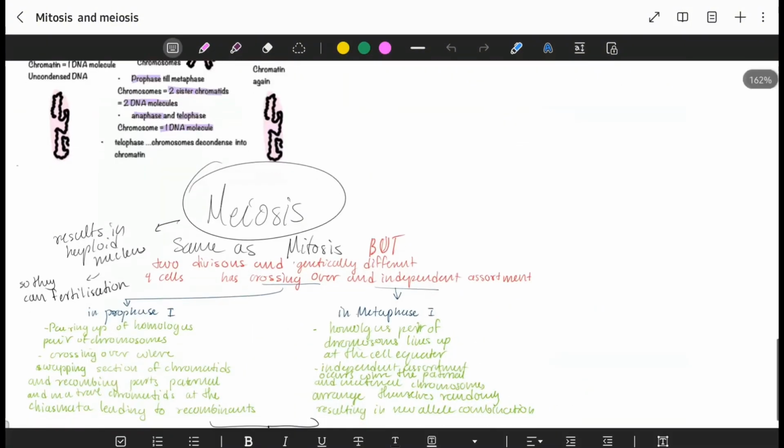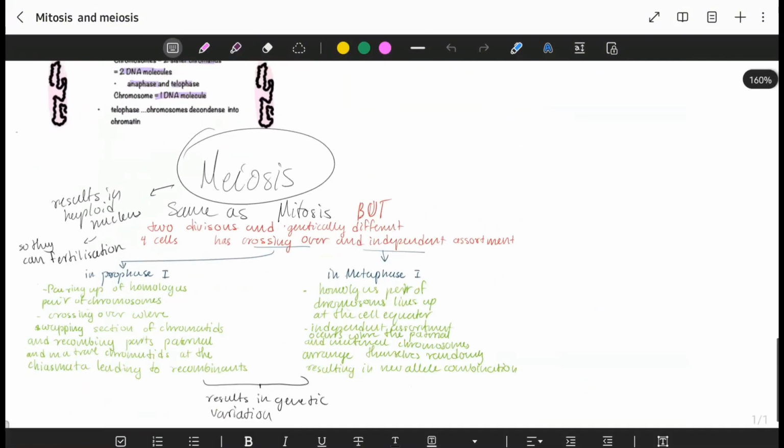So meiosis, we know it will result in haploid nuclei. It's the same as mitosis, but for meiosis, all of the process repeats twice. Like prophase 1, metaphase 1, anaphase 1, telophase 1.